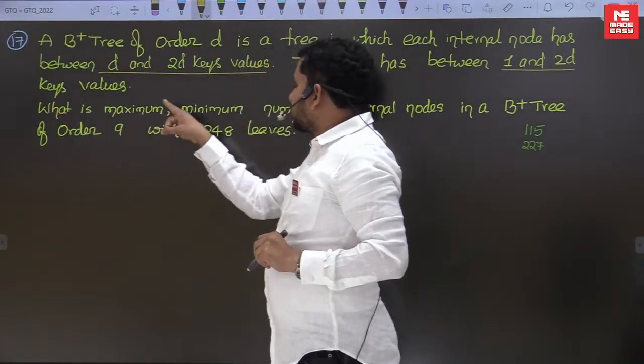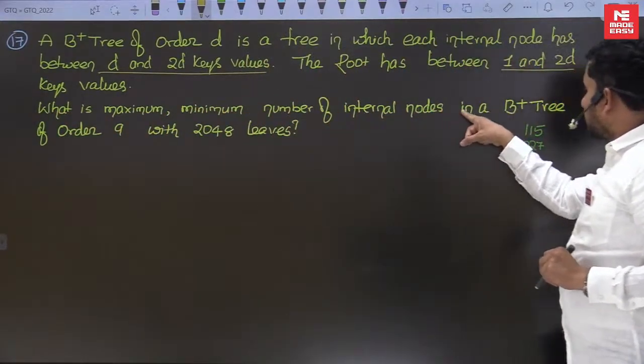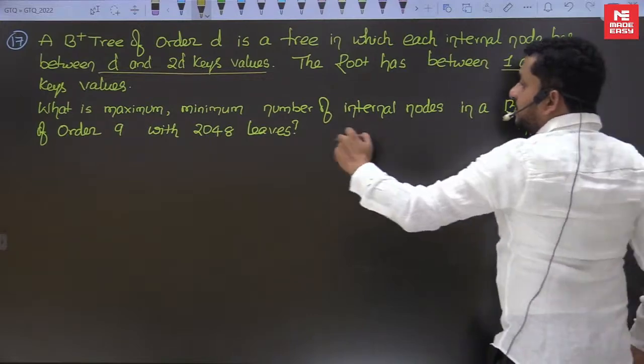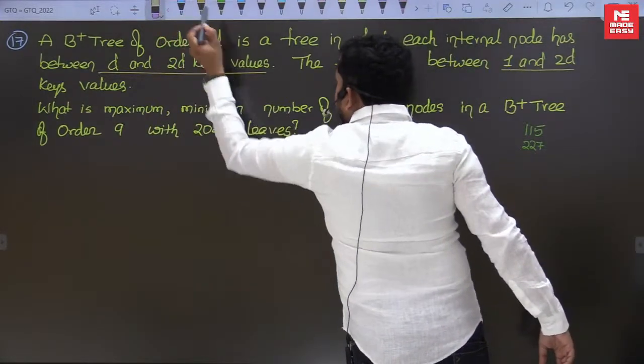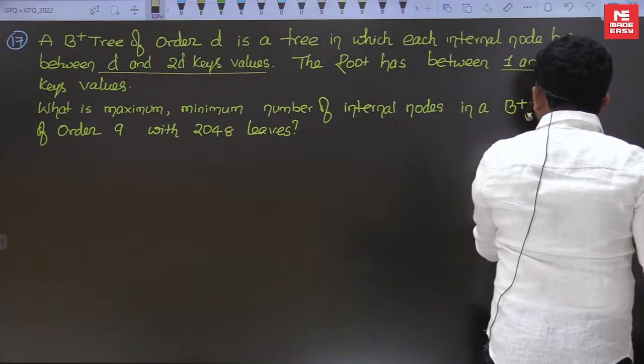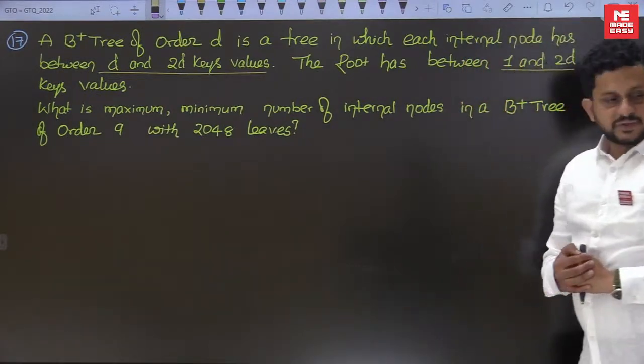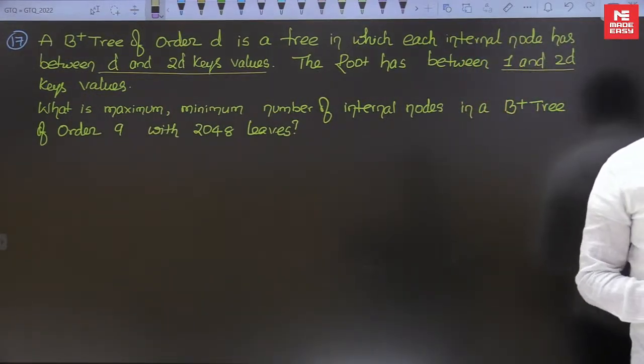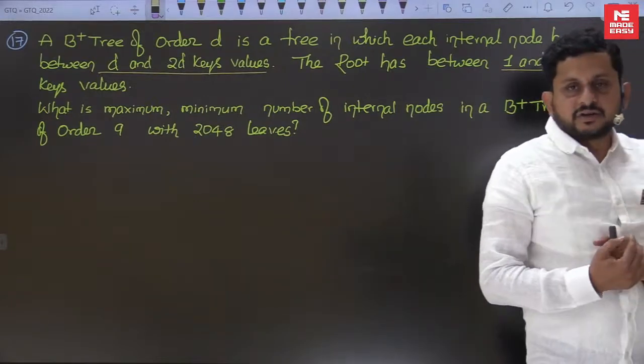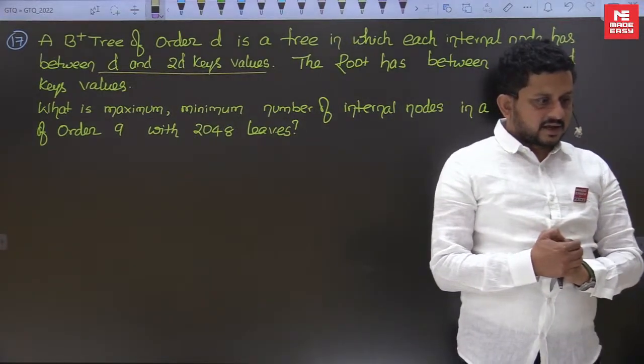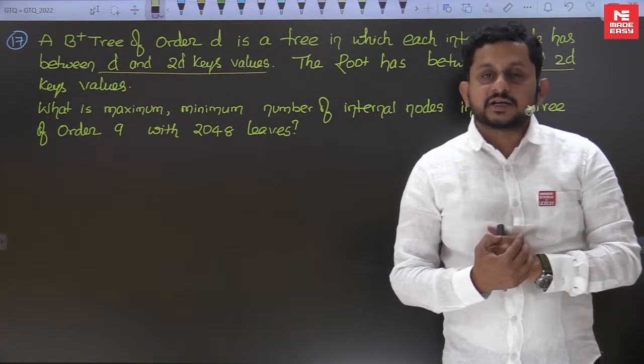What is the maximum and minimum number of internal nodes in a B plus tree of order 9 with 2048 leaves? This is one important model question from indexing. Everyone try to solve this question.